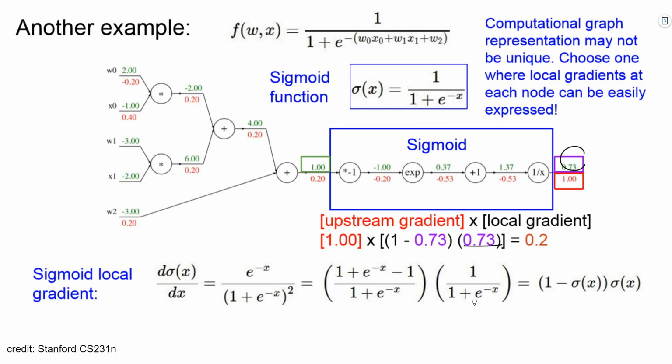So it's like sigmoid, minus 1 plus 1 is 0.73. So we can use this value to calculate the gradient here. It's going to be 1 minus 0.73 times 0.73, which is 0.2. So they basically have the same value. Whether we divide the calculation steps or not, they all result in the same value.